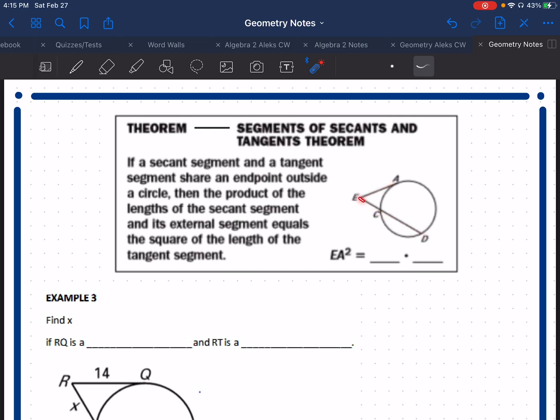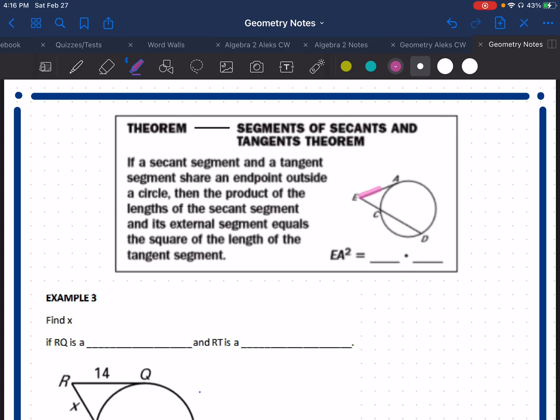The secant segment would be this one, and the tangent would be that one. Then the product of the lengths of the secant segment and its external segment equals the square of the length of the tangent segment.